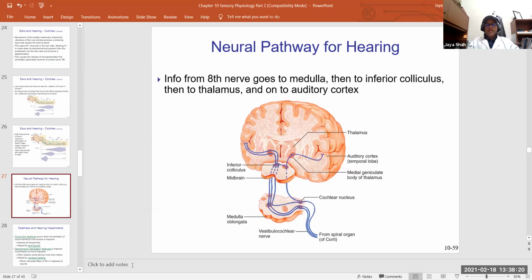From the tympanic membrane to the ossicles, from the ossicles to the oval window, then in the cochlea, from the cochlea the vestibulocochlear nerve takes the impulse, and then it goes up to the medulla oblongata. In the medulla oblongata, some of the fibers, you see, cross, but some of the fibers go to the same side.